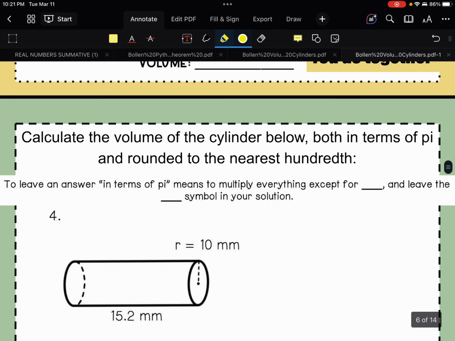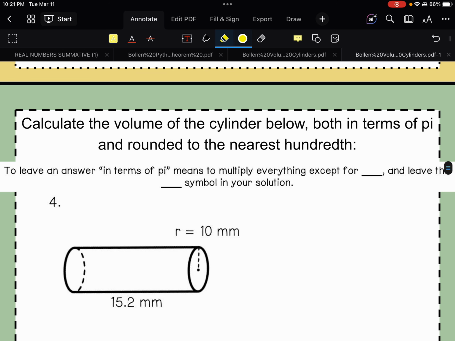Now, the next, we're going to do it in both terms of pi and the nearest tenth. So in terms of pi, just means that we leave the answer except for pi. So we multiply everything out except for pi and leave the symbol for pi in our solution.